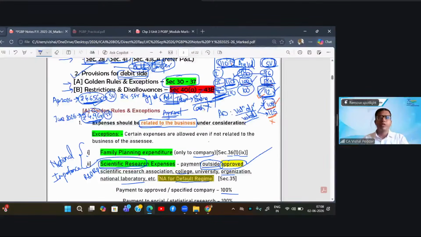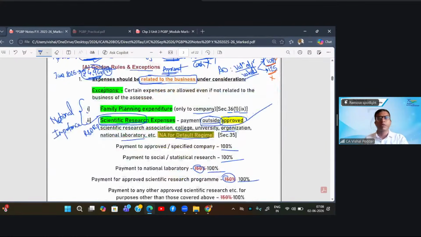Now, these rules or conditions, along with the expenses for which these rules are excluded, we will understand. So let us understand the golden rules along with the exceptions. So first, only those expenses can be taken in PGBP head which have a direct connection with the business.